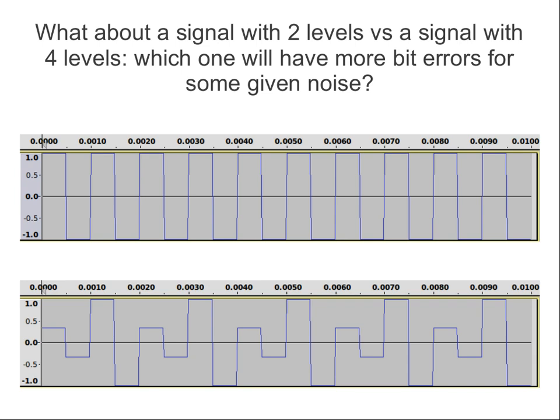What's the data rate for this signal? How many bits per second am I transmitting? I'd like an exact number. Look at the scale.